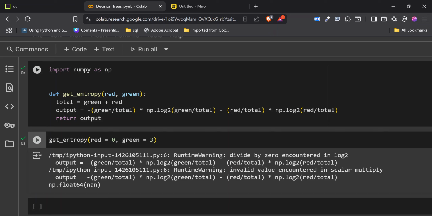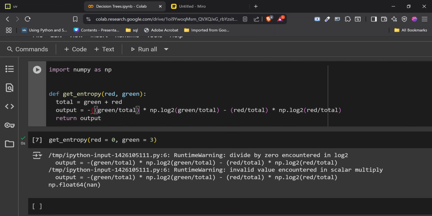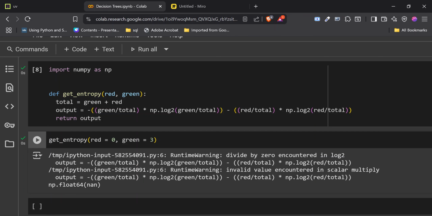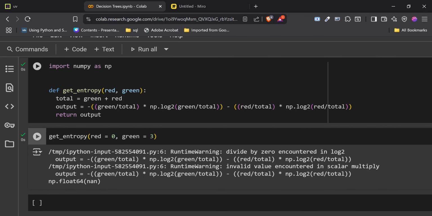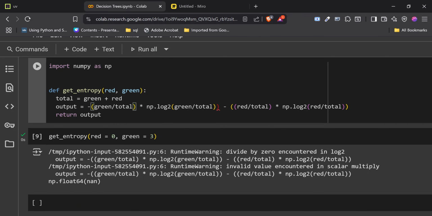Let's wrap the whole thing in a bracket, and also wrap this in its own bracket. I'm guessing that is green over total, red over total. So we run that and see. I'm making some mistake somewhere, because we should not be getting 0 over 0.